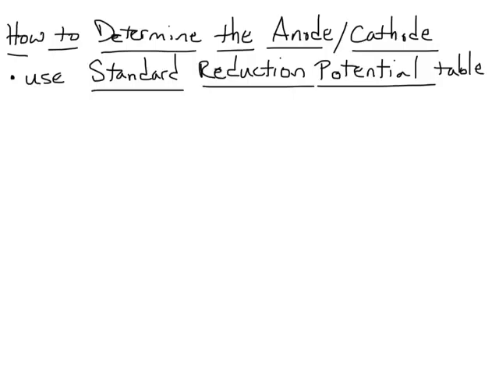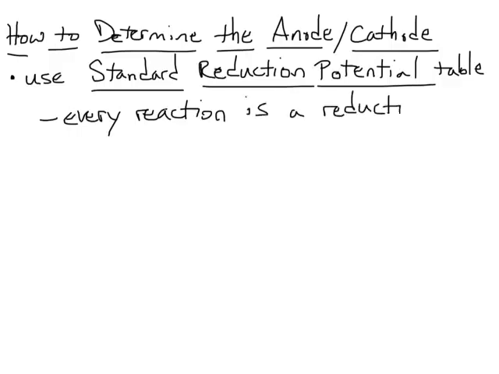Alrighty, now that you should have your standard reduction potential table, key word here is the word reduction. Okay, if you'll notice, and I'm going to make a note of this, every reaction on that sheet is a reduction. And that's very, very important to recognize.